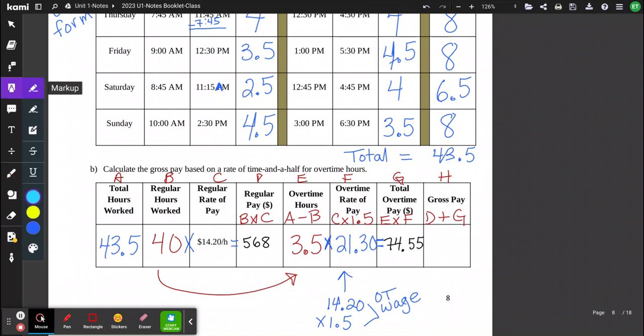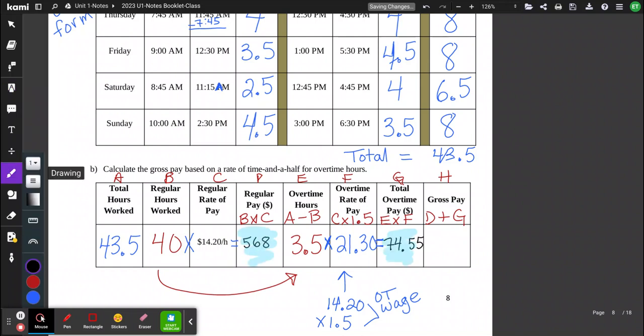Now I'm adding those two. I'm adding this guy to this guy to get my final answer. So adding the two of them, I'm going to get $642.55. For that 1 week, that would be your paycheck. And this concludes lesson 1.3.